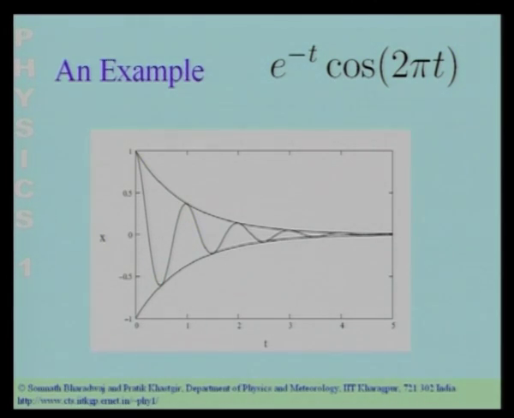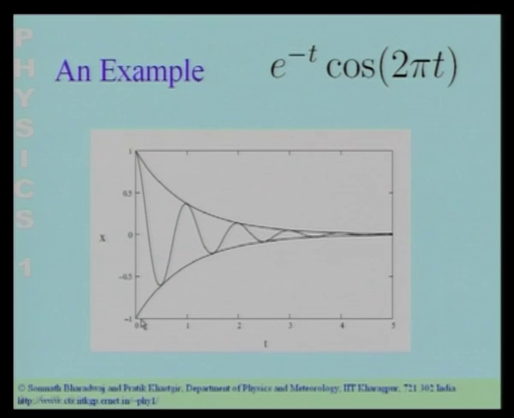The logarithmic decrement is very useful, and you can estimate this directly from the oscillations. So, let us now consider the particular oscillation shown over here. This oscillation is e to the power minus t cos 2 pi t. So, we have to look at the amplitude of the oscillation after one whole period of the oscillation.